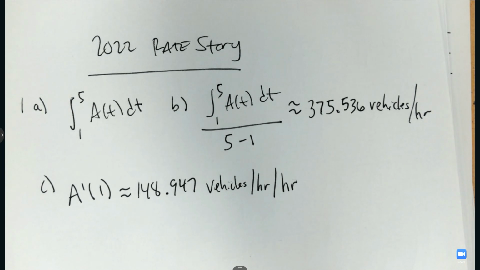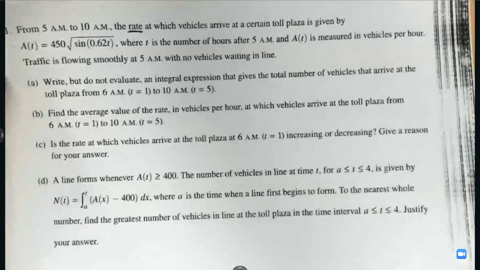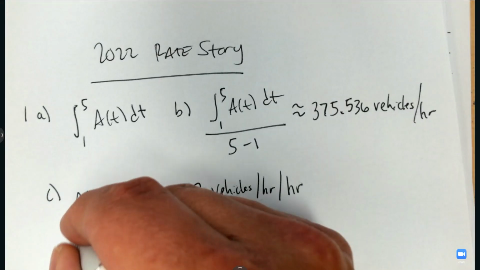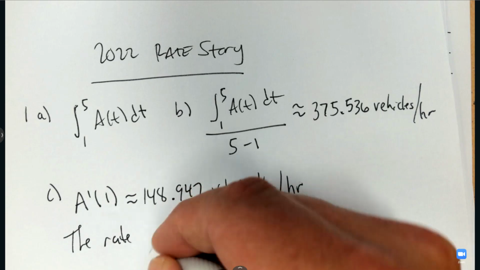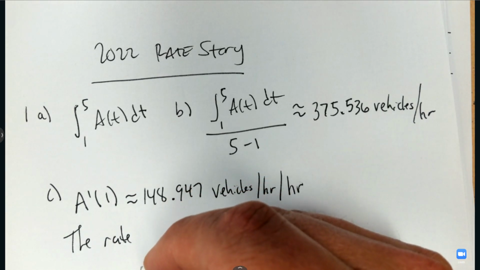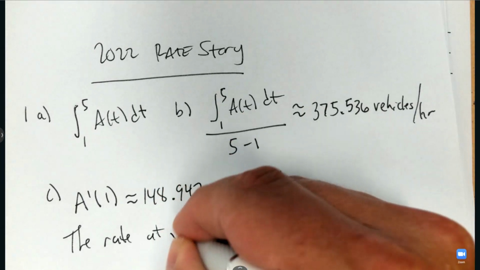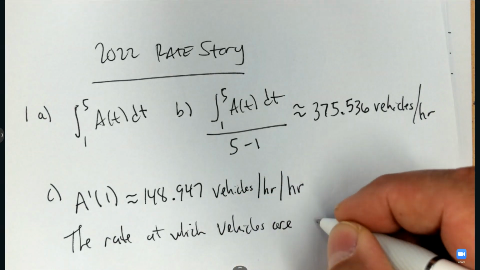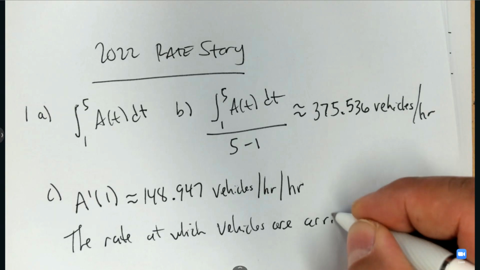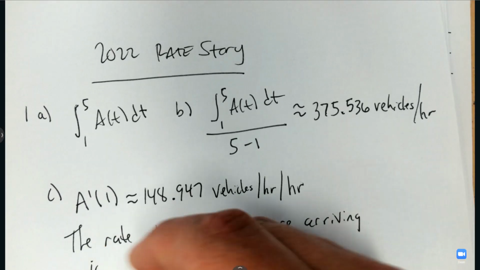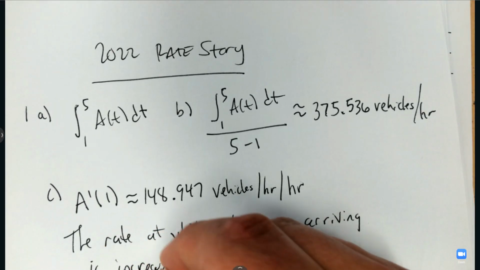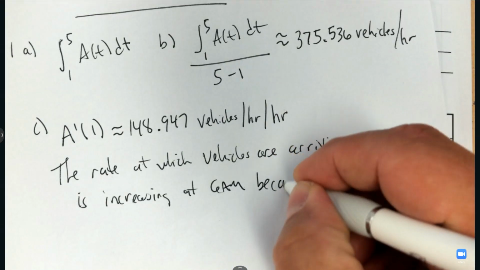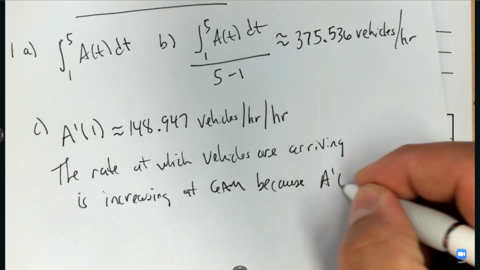And then again, I'm going to double check. Do I need to give a reason for it? And it says yes. Is it increasing or decreasing, and give a reason. So the rate at which vehicles are arriving is increasing at 6 a.m., that's the time, because, and then I'm going to write this down.